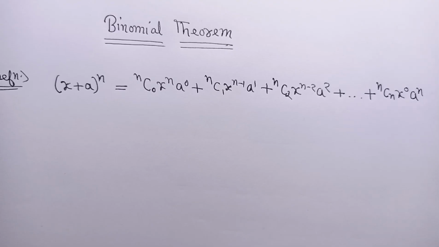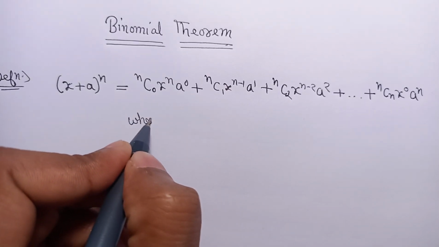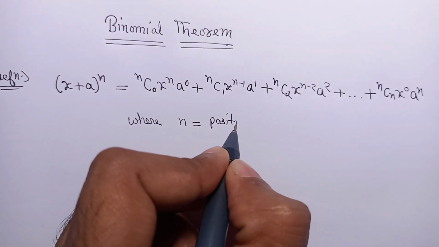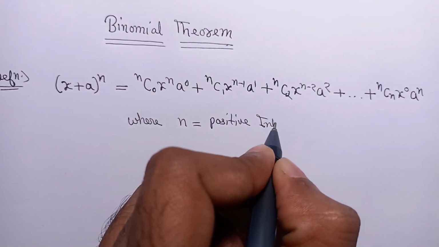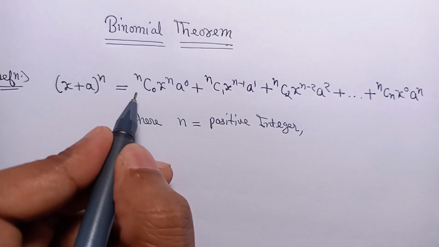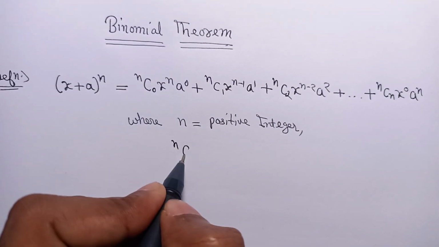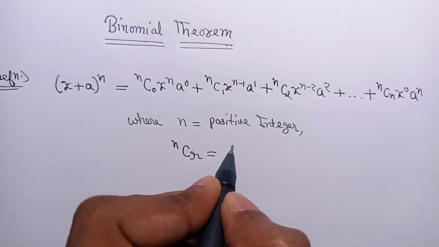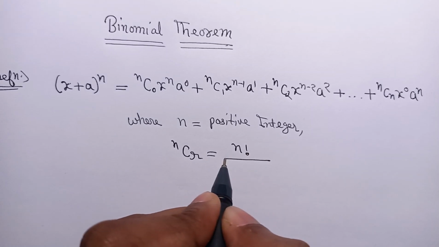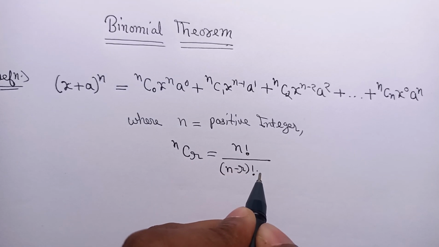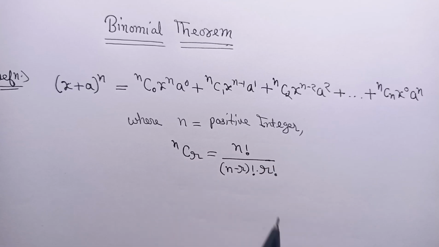This is the normal definition of binomial expansion, where n is a positive integer. And talking about nC, this is nCr, a combination, which can be expanded as n factorial divided by (n minus r) factorial into r factorial.